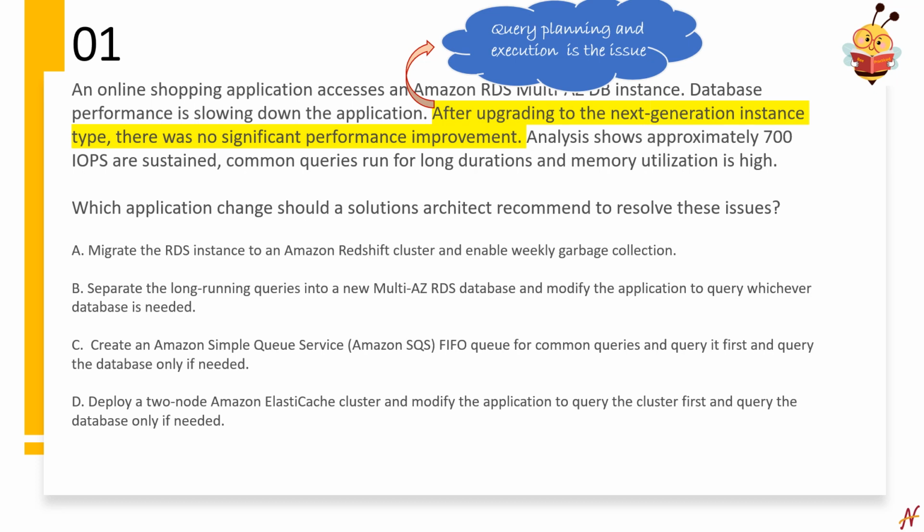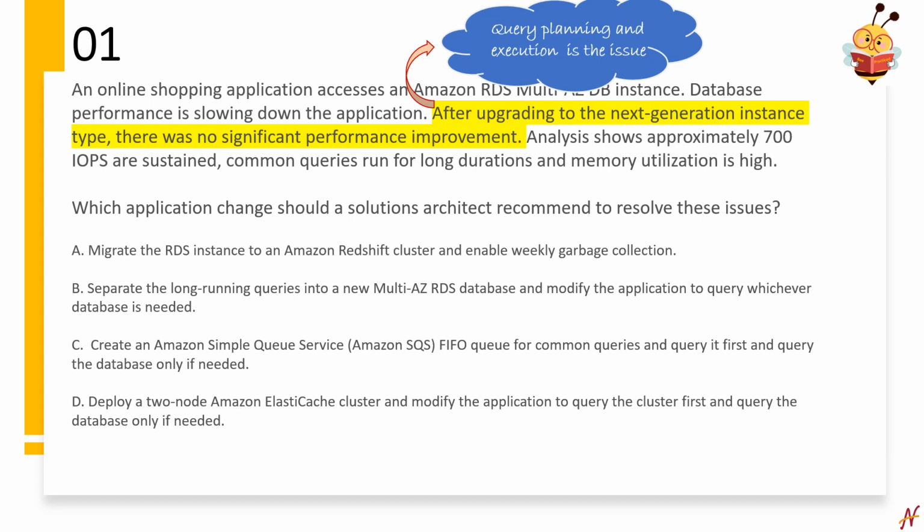It has nothing to do with the system setup or the configuration, nothing else. It is only to do with the query part, right? So to solve this, let's first discuss all the options one by one, and then we can choose the best option here.